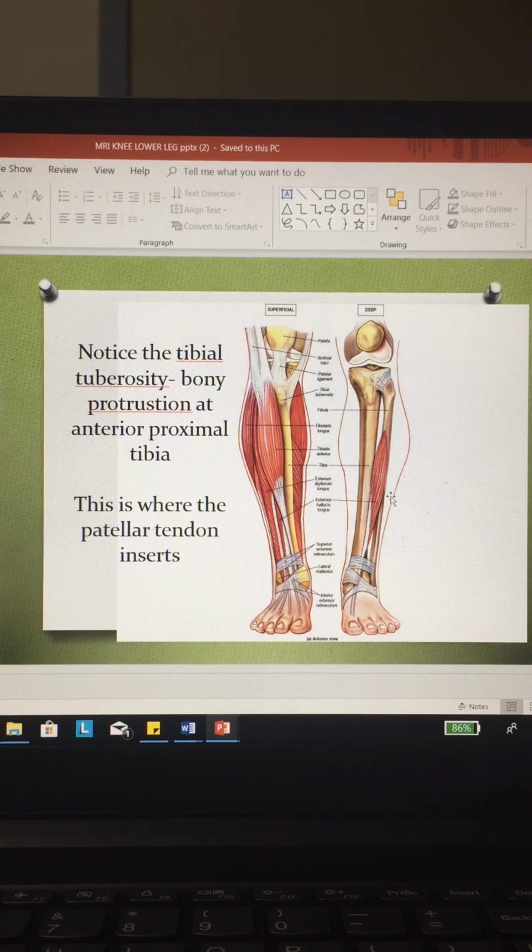Notice here, this is a new word. I don't know if you can read it up on the screen, but it's called retinaculum. We have retinaculums throughout our bodies. We're going to talk about it in particular with our wrist joint, because what that is, is a thicker fibrous ring that goes around our ankle, and we'll talk about it more when we do an MRI of the ankle, but it holds these tendons in place.